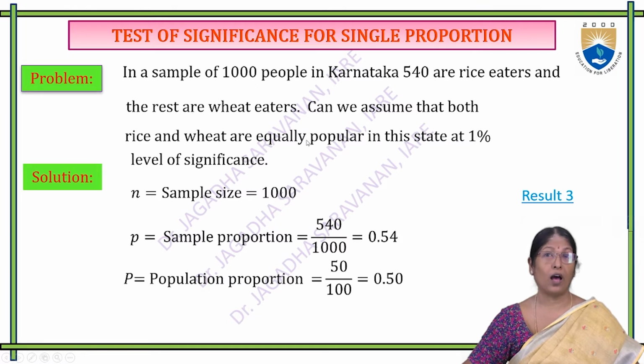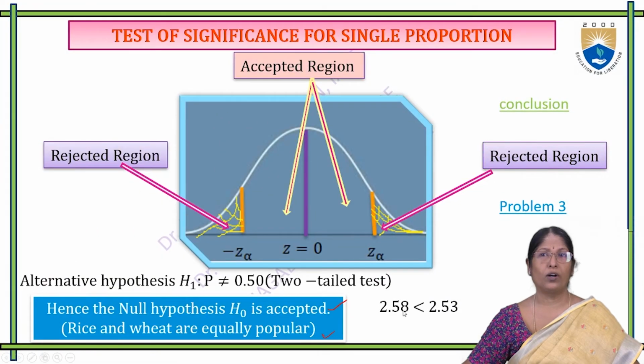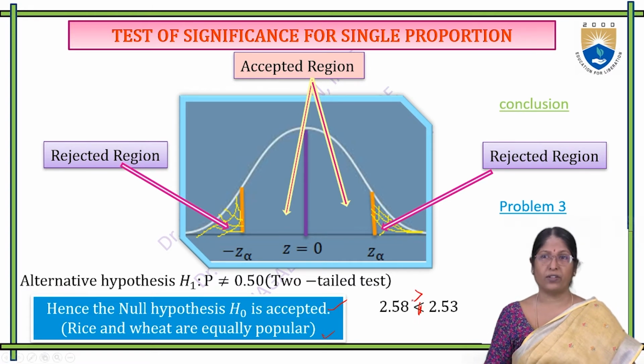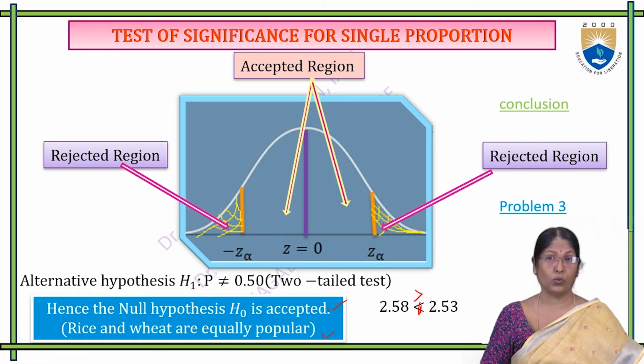What they asked us to find is equally popular, and that is the reason we have taken the two-tailed test. Our calculated value is 2.53, tabulated is 2.58. So the tabulated value is greater than 2.53. The tabulated value is more, so it is accepted.